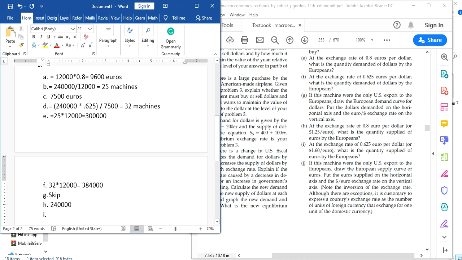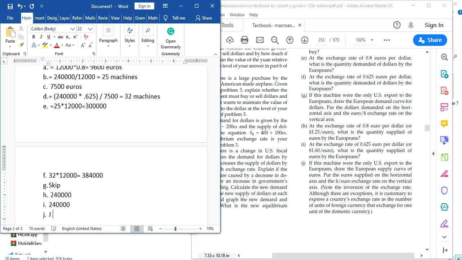And I, at the exchange rate of 0.625 euro per dollar, or 1.6 dollar per euro, what's the quantity supplied of euros by the Europeans? The quantity supplied stays unchanged. With J part also, I would skip it because it's about the curve as well.